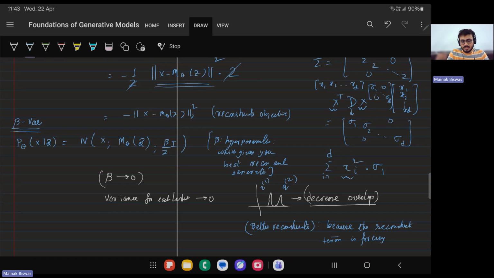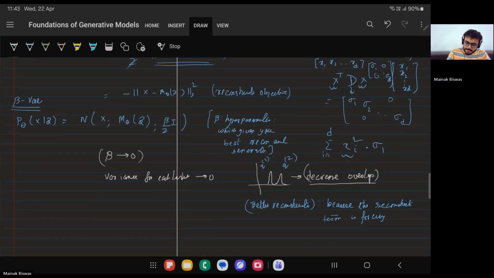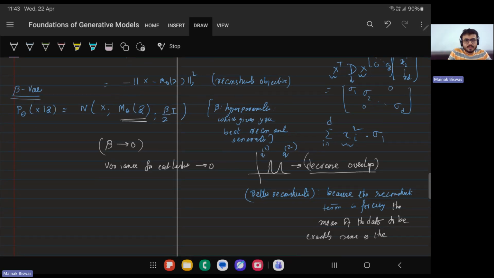The reconstruction term is forcing the mean of the data, the mean of the reconstructed data, you should say, to be the same as the input.